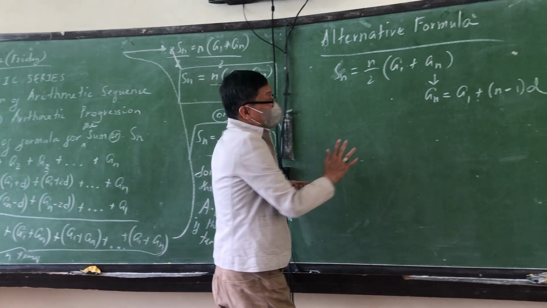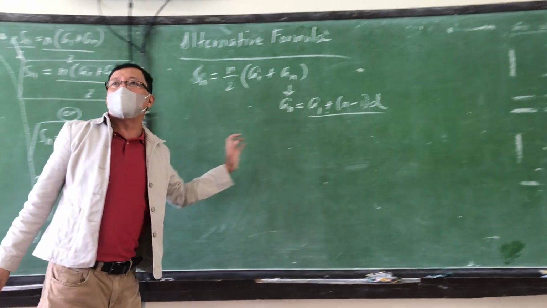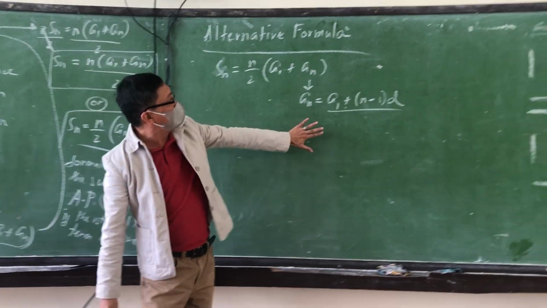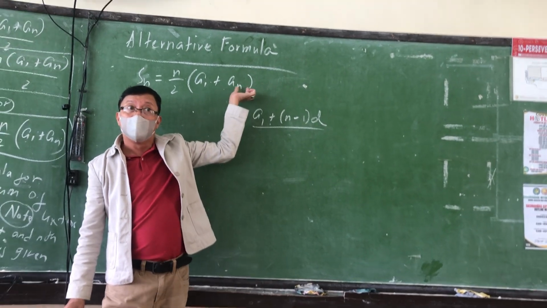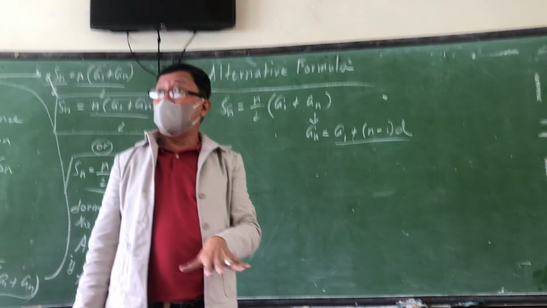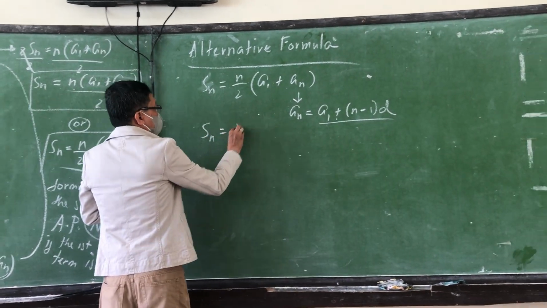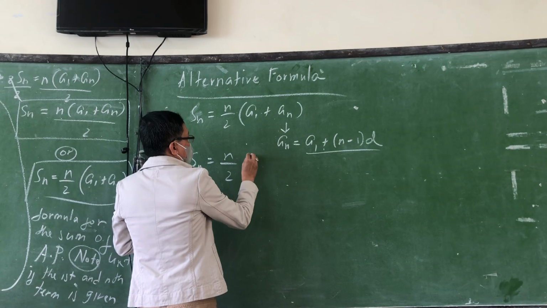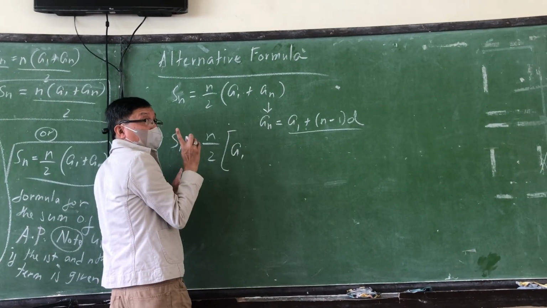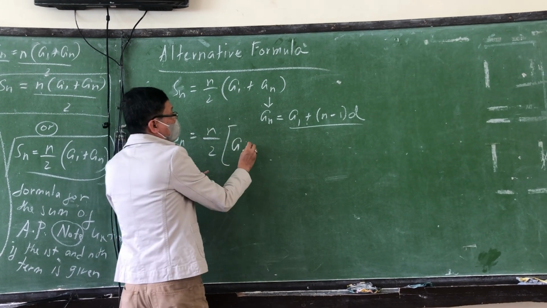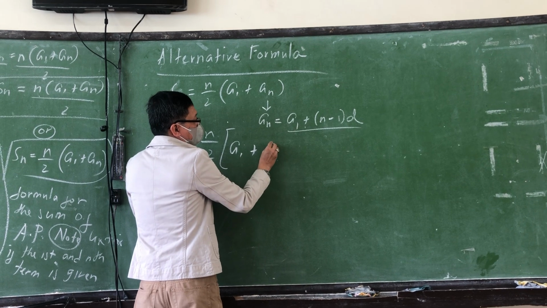Okay? Now, if this is equal to this, young people of grade 10, instead of using this, we can substitute it here. Diba? Because they are just equal. Right? So you will have s sub n is equal to n over 2 times the quantity of a sub 1. Take a look. I use another grouping symbol, which is what we call bracket. Okay? Plus, instead of using this, I will use this.